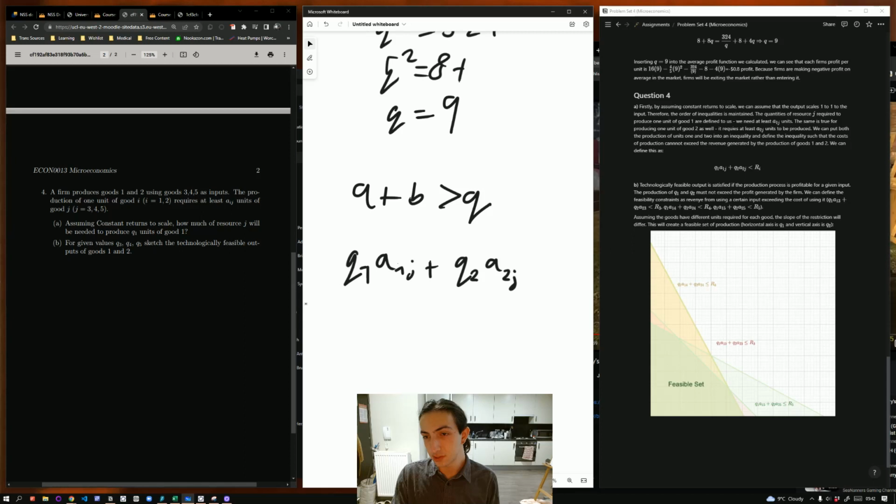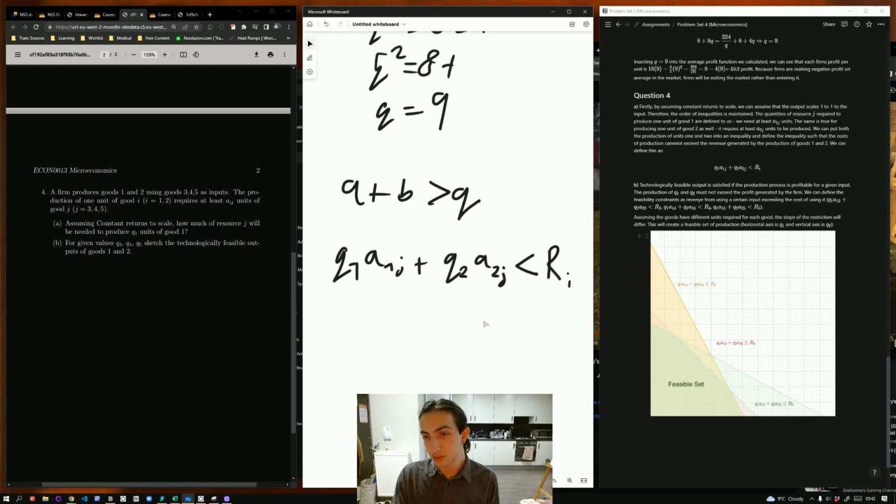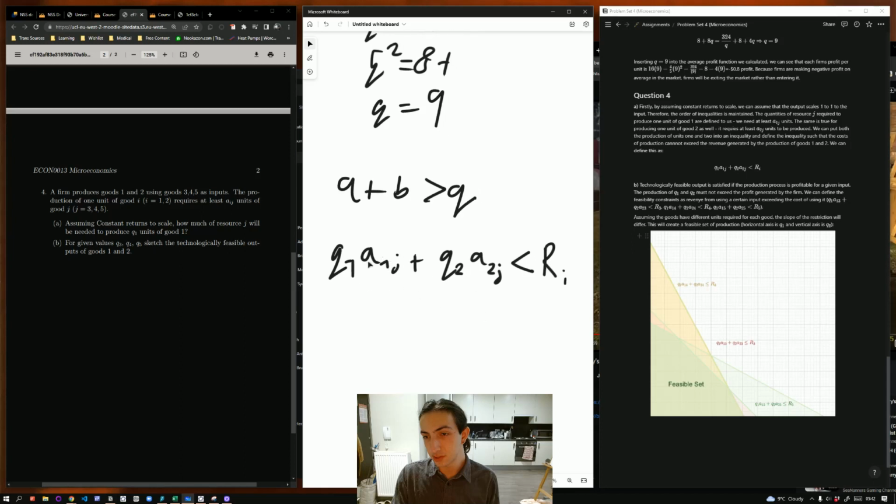But we know that this has to be underneath the valid amount of revenue for this level. So I'm going to say it's underneath the revenue level given for each input. So this is the revenue level for Q1 and Q2. So it's just going to be this. So this is my constraint, that says the total cost of production has to be underneath the total revenue gained from the entire thing.